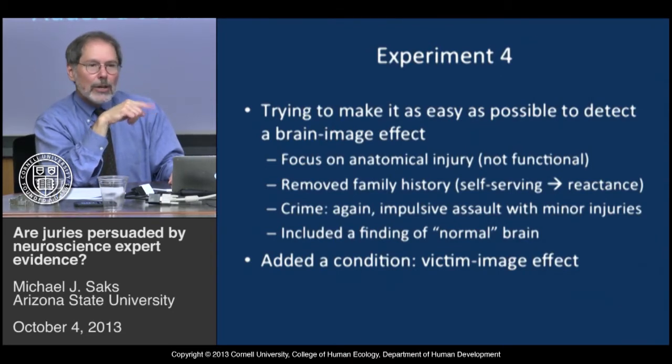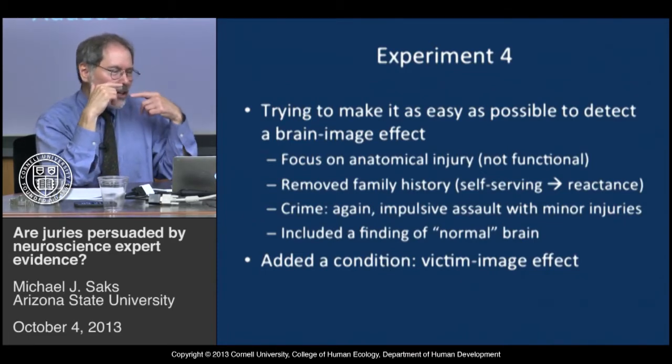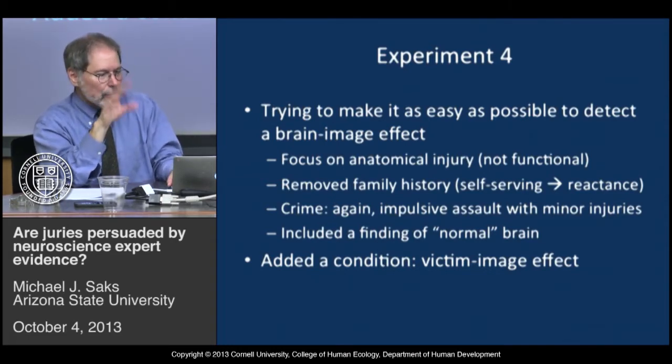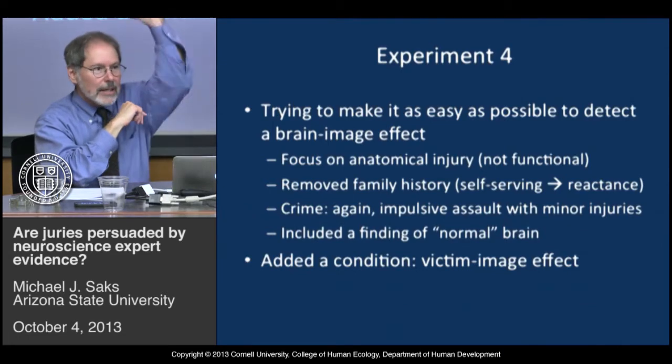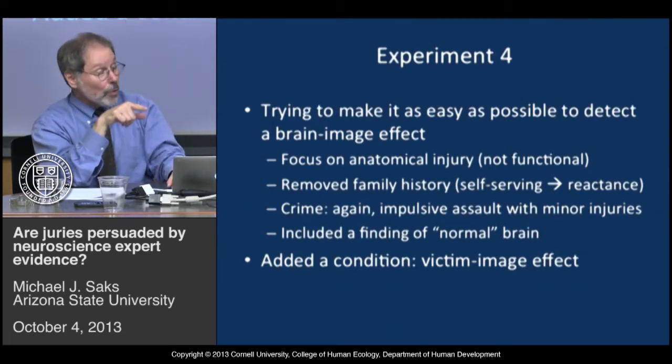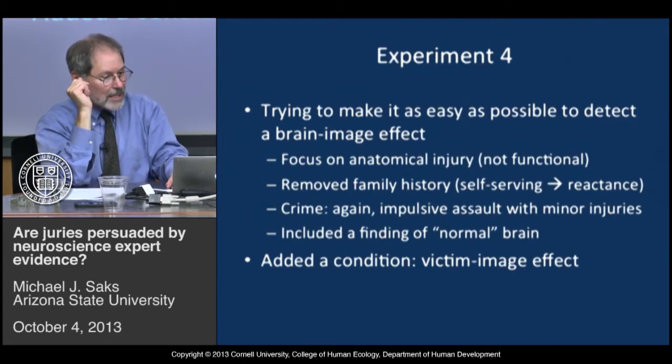There's a finding in the literature that if you show mock jurors a photograph of the injury victim with his cut nose and a little blood and messed up, even if it's a minor injury, the convictions and the sentences go up. So we wanted to see if we could replicate that effect.